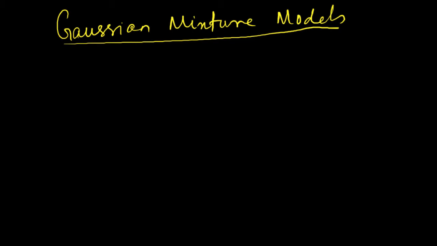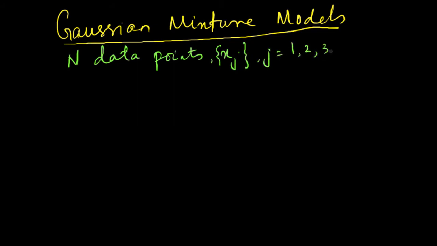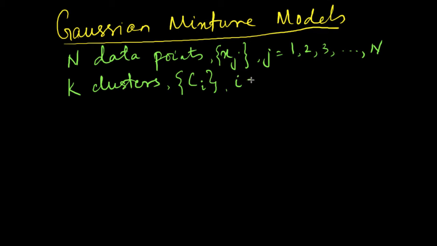So essentially what we have is some n data points labeled xj, where j is going from 1 to 2 and so on up to capital N. You have K clusters denoted by Ci, where i is going from 1 to 2 and so on up to capital K.